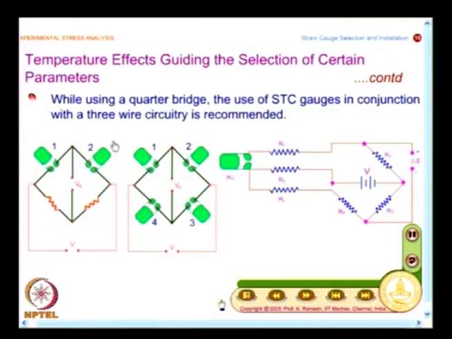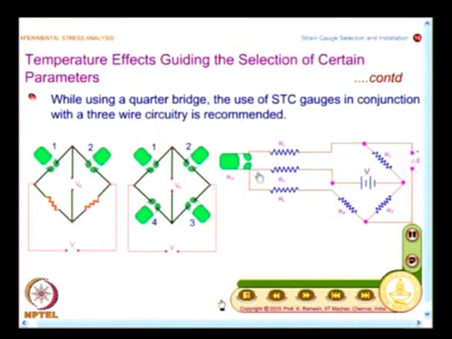If you are able to use a half bridge, it is good. If you are able to use a full bridge, it is well and good from a transducer application point of view. For strain measurement, you will be able to do this only for certain select applications, but the most general arrangement you may come across is only a quarter bridge.